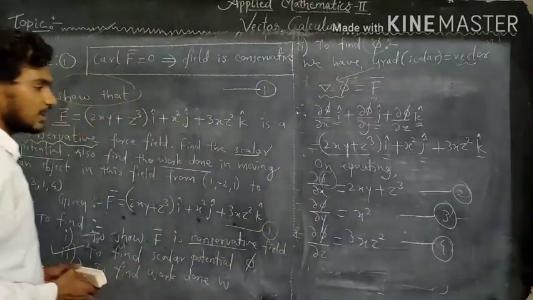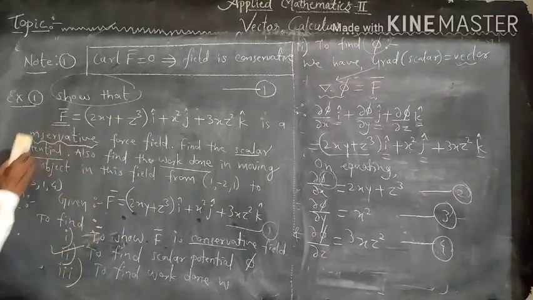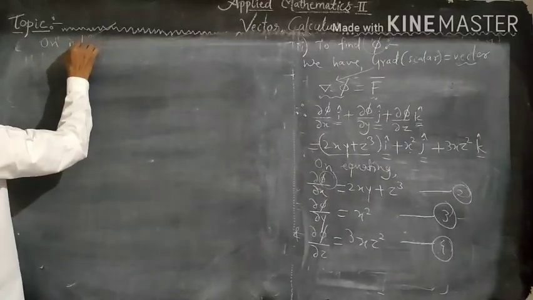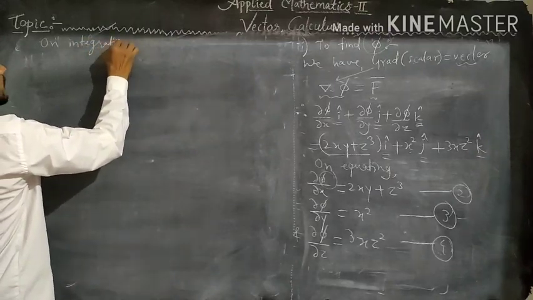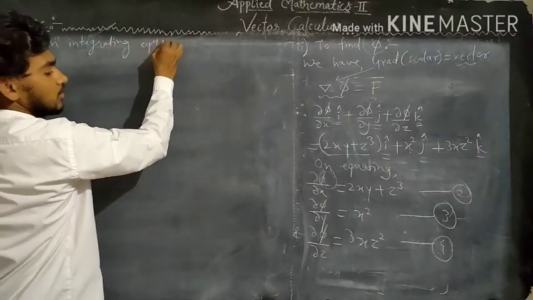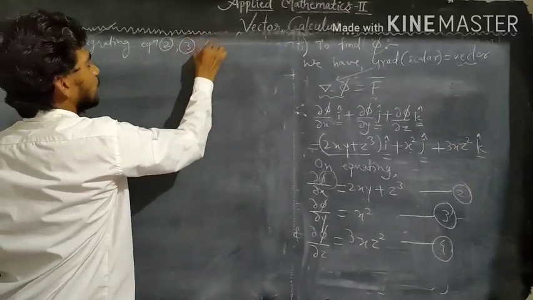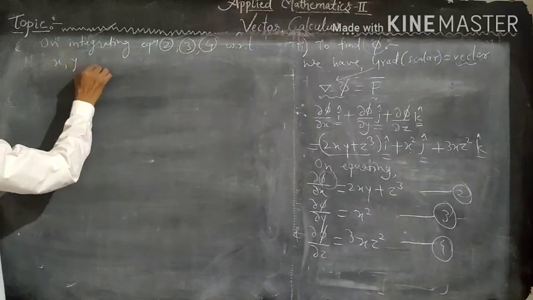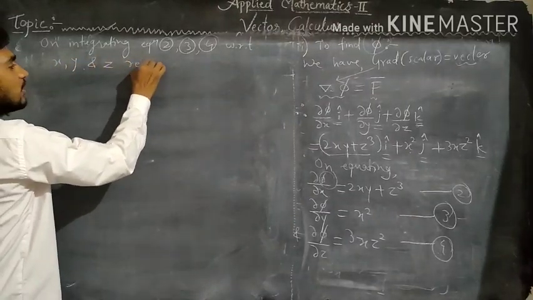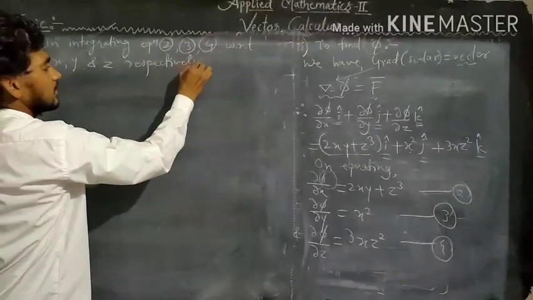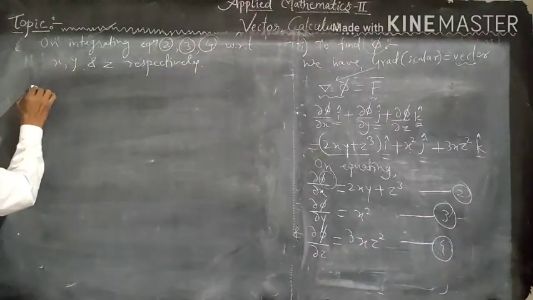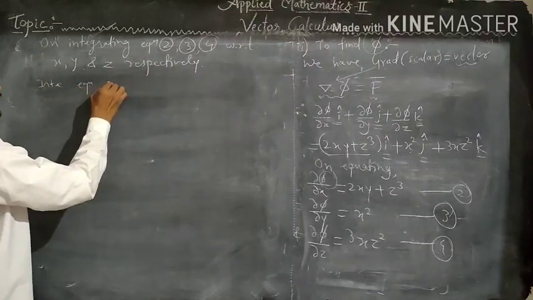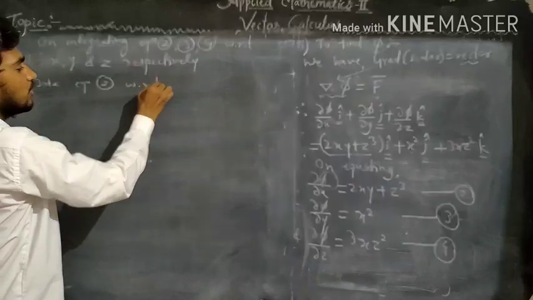So let's integrate equations 2, 3, 4 with respect to x, y and z respectively. So first integrate equation 2 with respect to x.